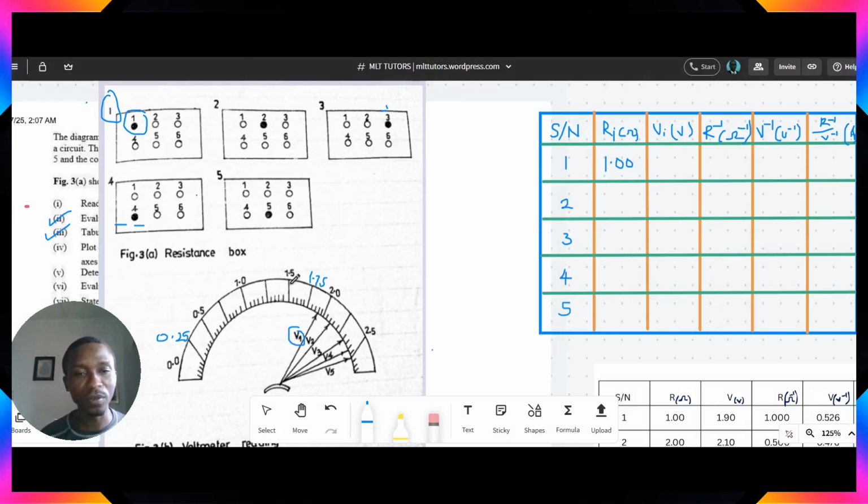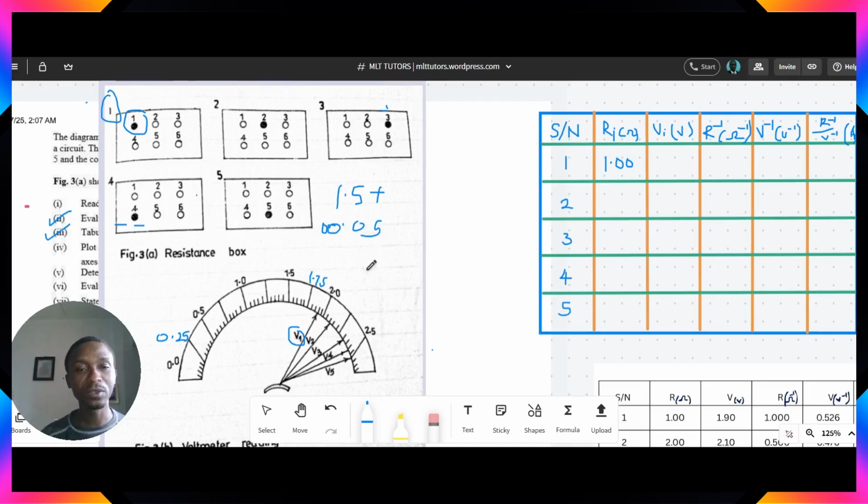So if this is 1.5, it will be plus 0.05.